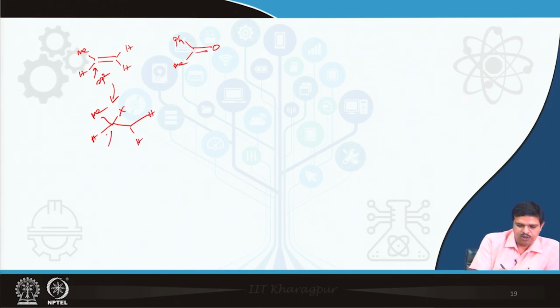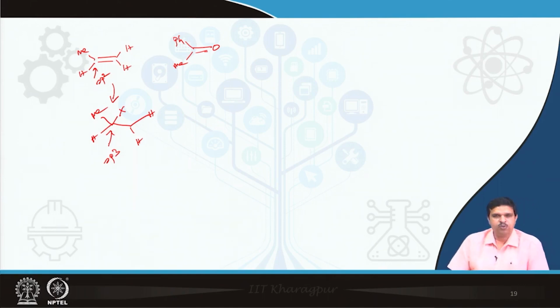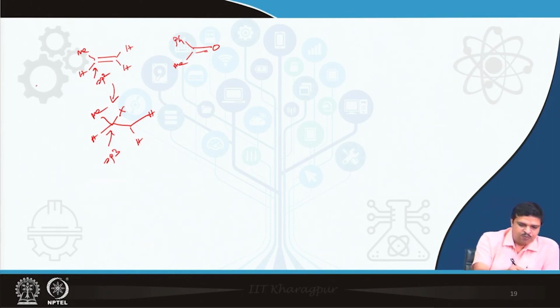Now you will see that this is sp3, so now you have 4 different groups, and it will become a stereocenter. So, this kind of prochiral molecule will give a chiral center by putting on another substituent.